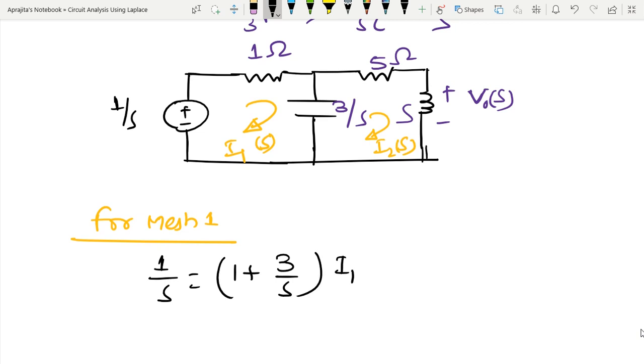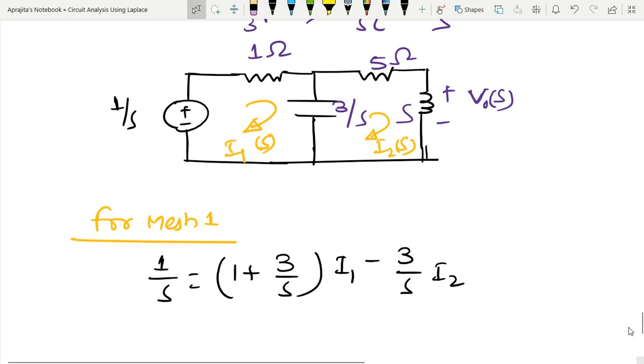Now I am going to write the expression directly. Basically 3/s is just like some kind of resistor, and since we are in this mesh, I am writing I1 minus I2, and after that collecting terms. So directly I have written this.